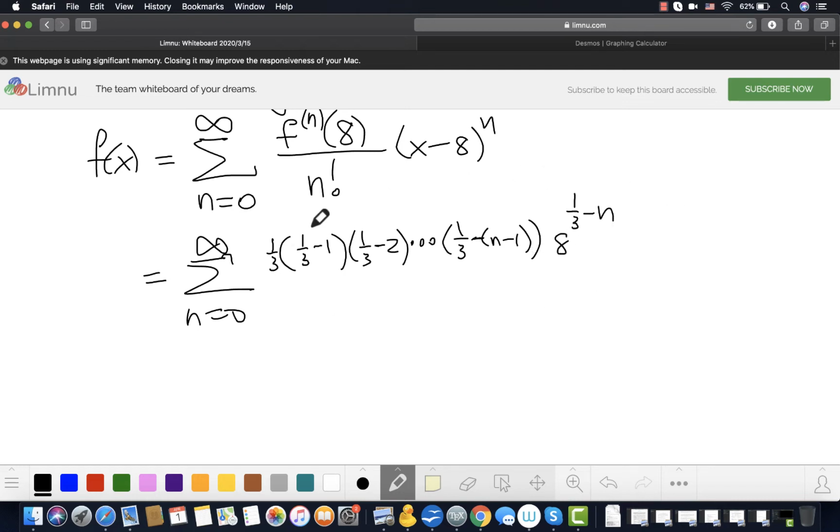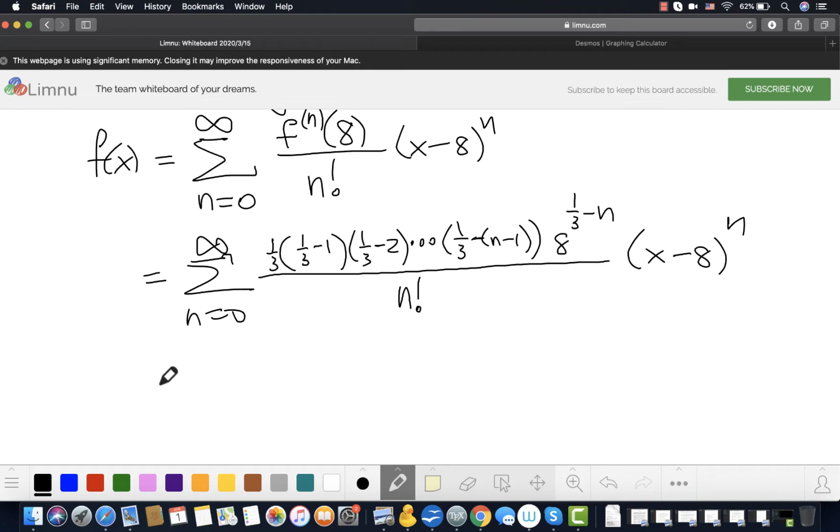That was the nth derivative evaluated at 8, and then you have to divide all that by n factorial, times x minus 8 to the power of n.